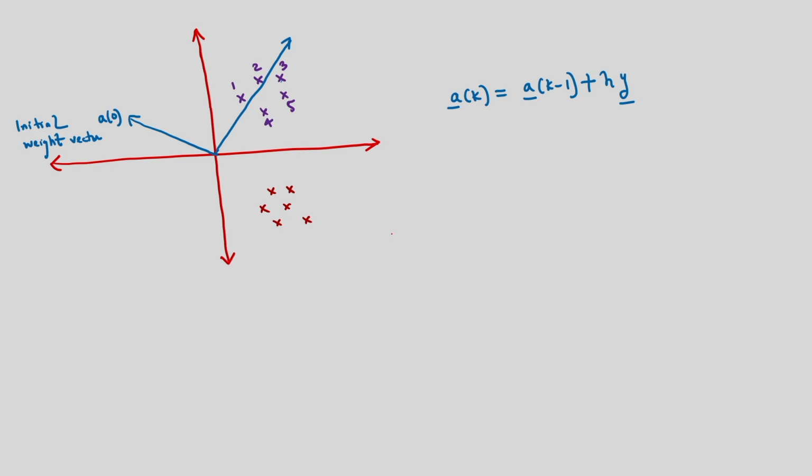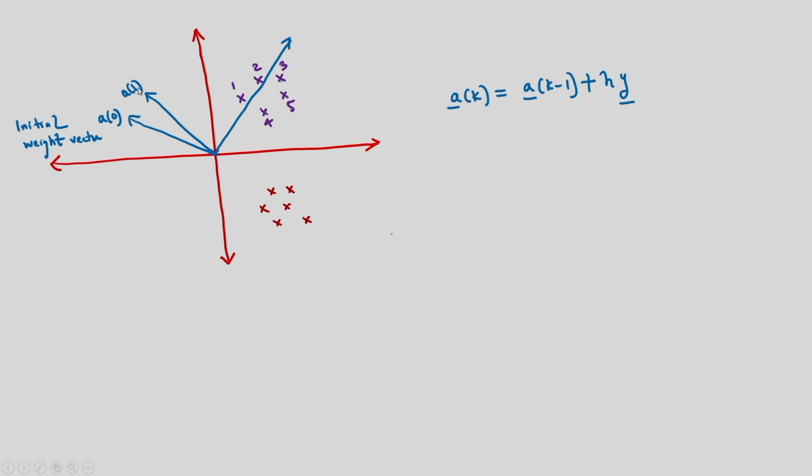In the next iteration, the updated weight vector is the addition of the previous weight vector with eta y, so I will get my next weight vector, maybe something like this, that is a1.